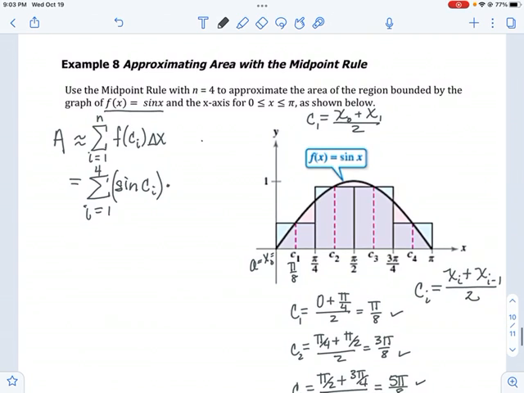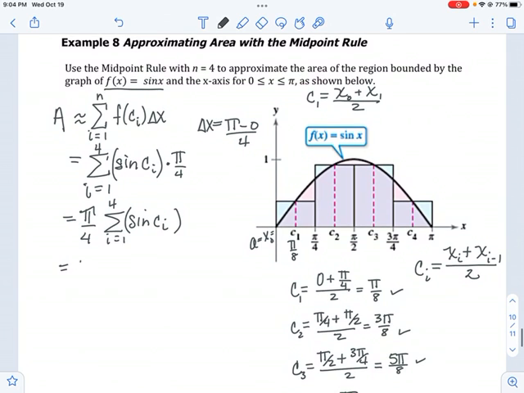So I'm going to use c sub i. Okay, and then I'm going to multiply that times delta x. Delta x in this case is going to be pi minus 0 over 4, so pi over 4. So with this, then I have pi over 4 times the summation of sine of c sub i from i is equal to 1 to 4.